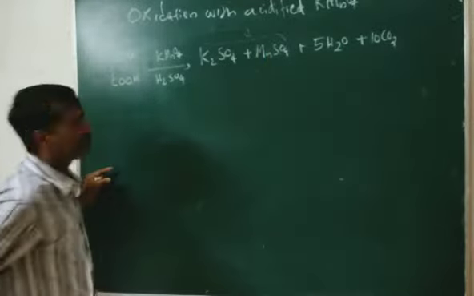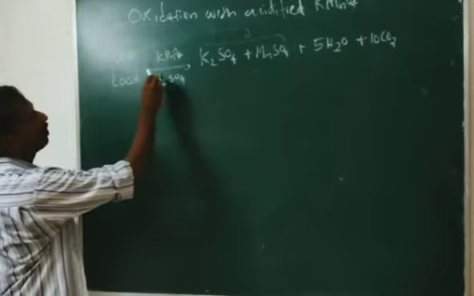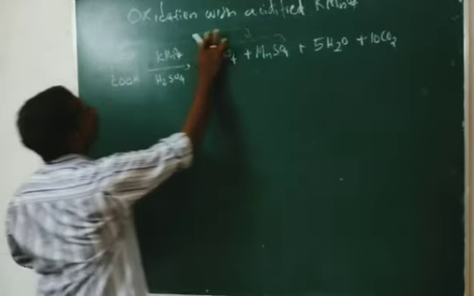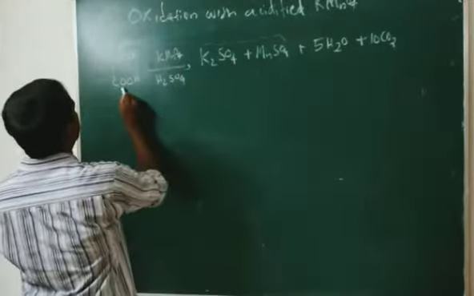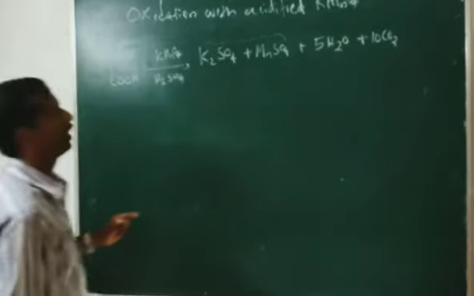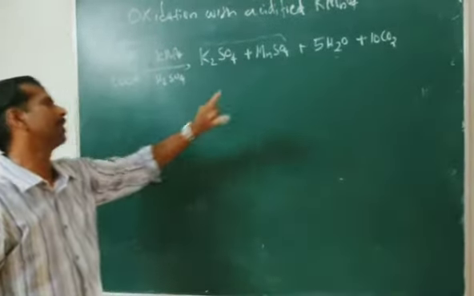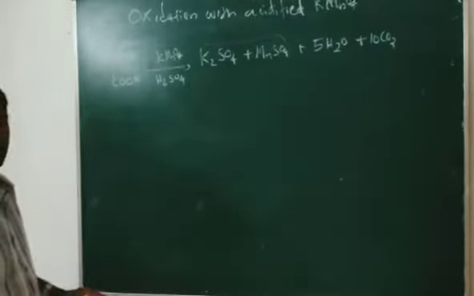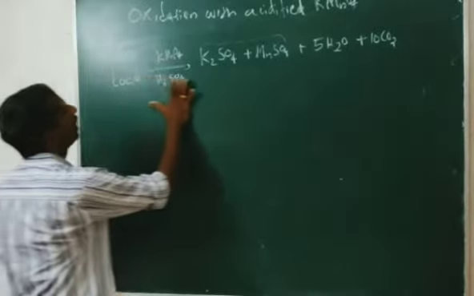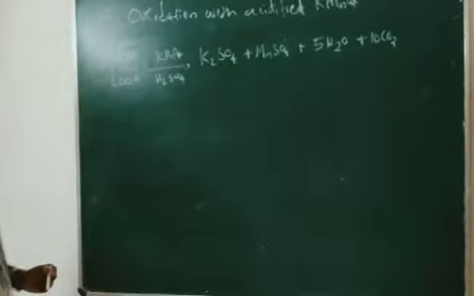That means oxalic acid is oxidized to H2O and CO2, and KMnO4 is reduced to K2SO4 and MnSO4. Anyway, this is the oxidation of oxalic acid with KMnO4.